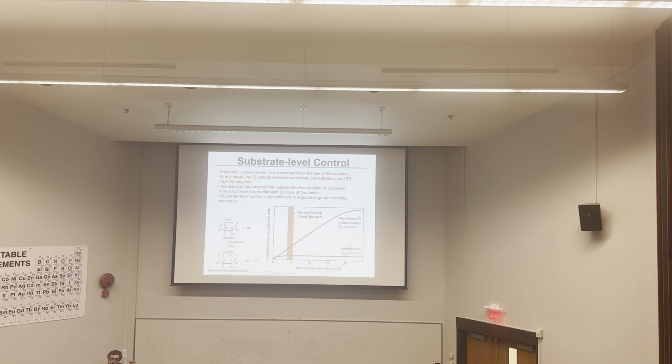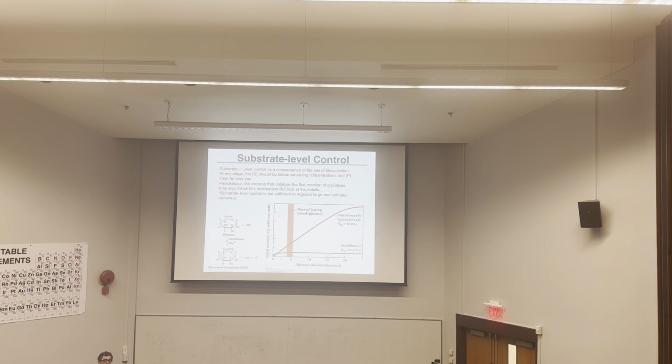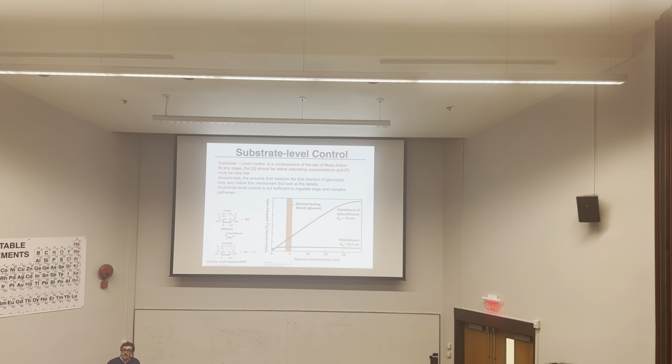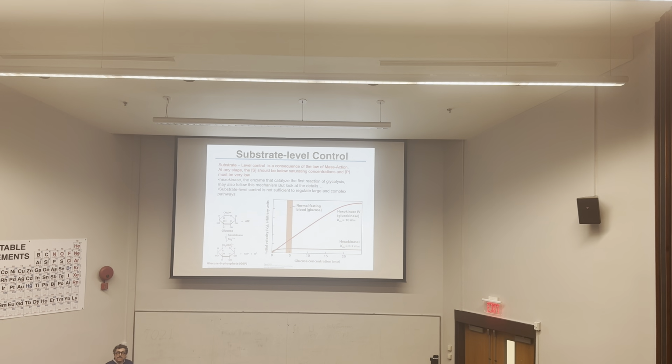However, it's not the main one, at least in the muscles. In the liver, indeed, maybe this is the most relevant one, because instead you have hexokinase 1, 2, and 3, which are very common in our muscles, in the brain, and so on.